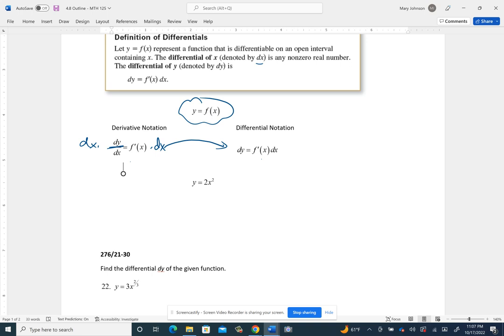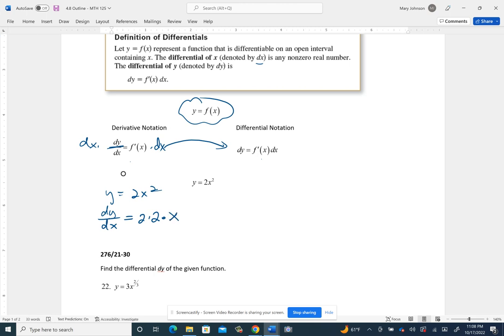But for now, just the easy part, I want you to be able to go and rewrite a problem, both taking the derivative using regular derivative notation and then rewriting it in differential notation. Okay. So if we started with y equals 2x squared and we went to find the derivative with respect to x, we could write it y prime, but let's use this other notation. dy dx would equal 2 times x to the first power, right?